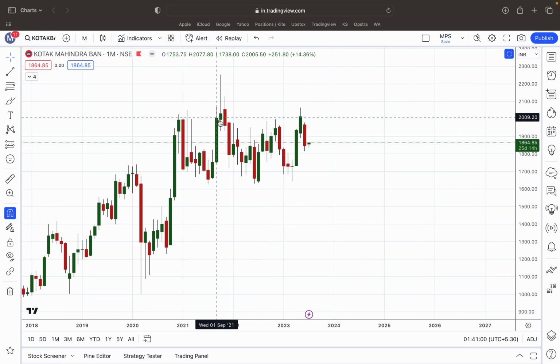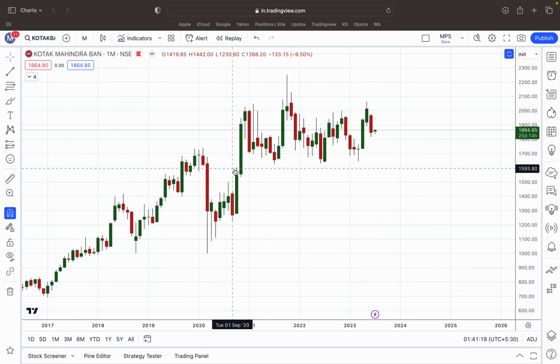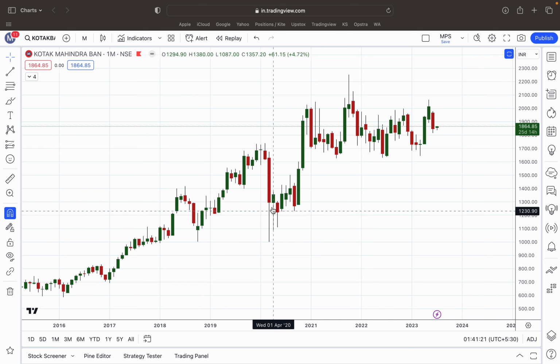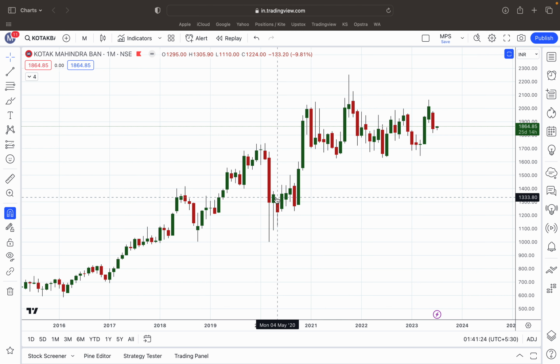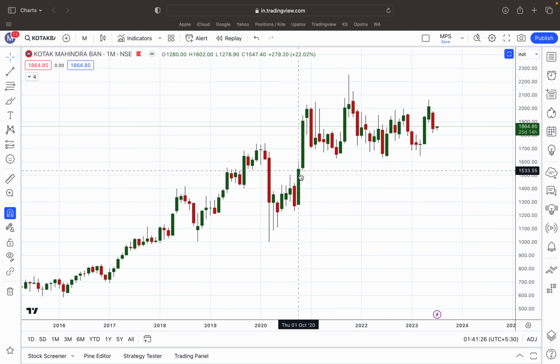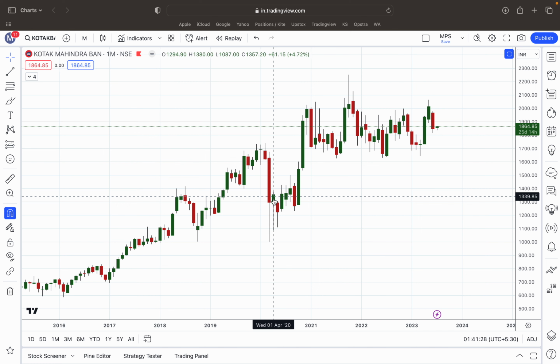This is called an inverted hammer, the candle which looks like the hammer but inverted. Here you will notice the body is at the lower side with the smaller wick, and the longer upper wick is representing the selling pressure. Here you will notice there are these two hammers present. The hammer is exactly the opposite of the inverted hammer.